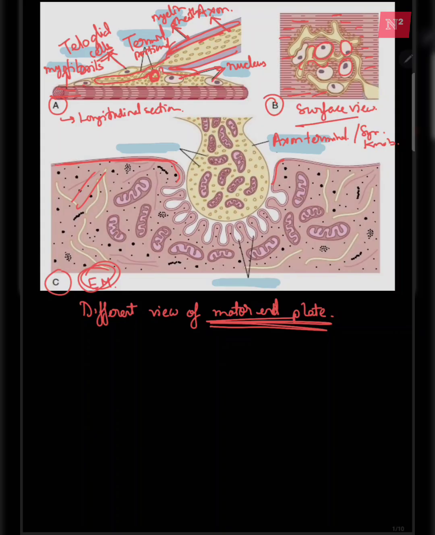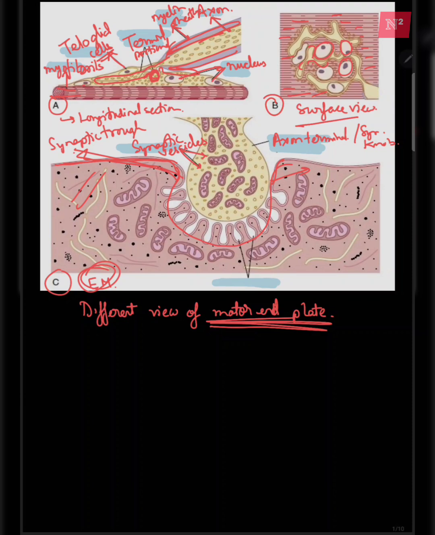So this is a myofibril having a downward depression. This downward depression is called the synaptic trough. Now inside this synaptic knob, there are some vesicles which contain the neurotransmitters, which are called synaptic vesicles.